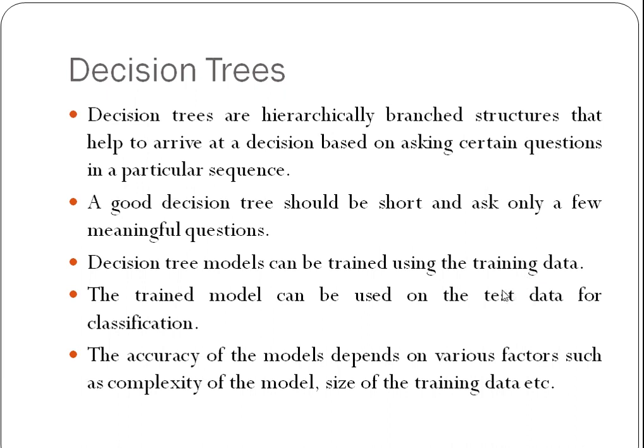So in the training data we will have all these independent variables with the values, and also the predicted value, the actual classification that is done. Everything will be there. That data is taken to train the model. And once the model is trained, we will test it using test data. Test data is not exposed during the training.